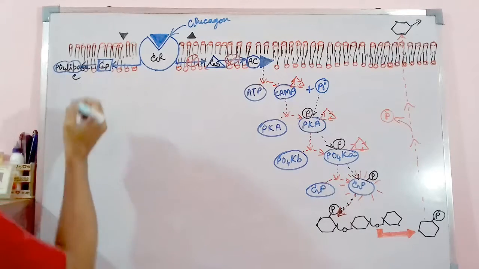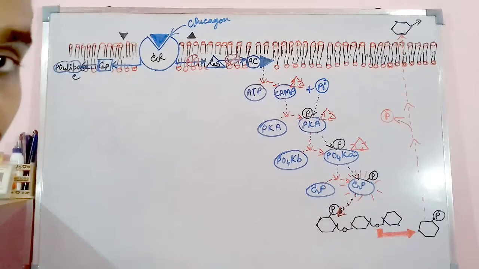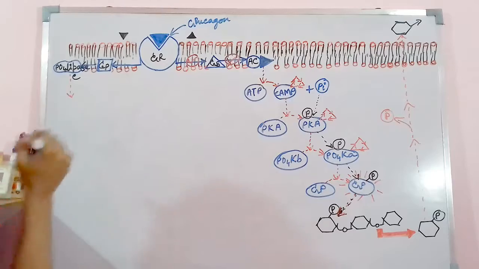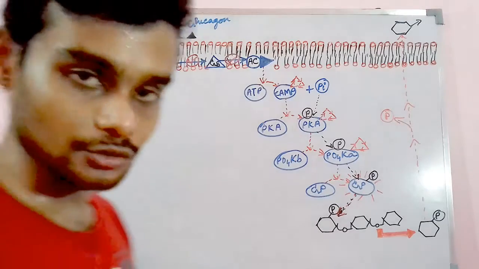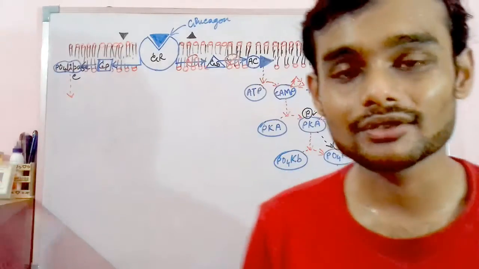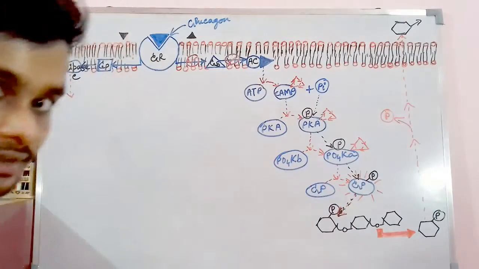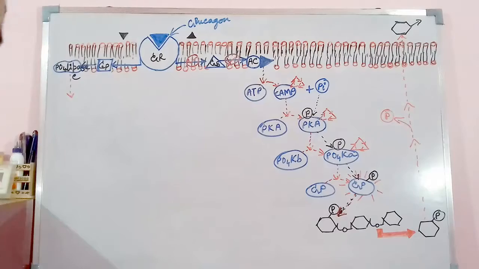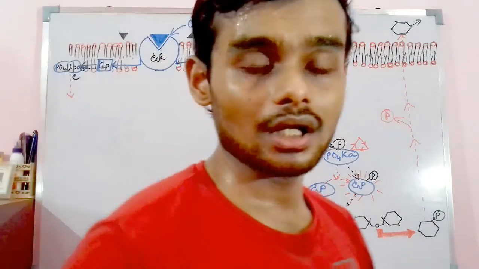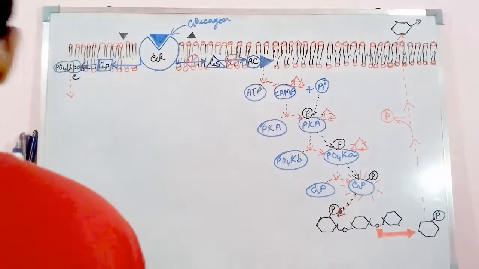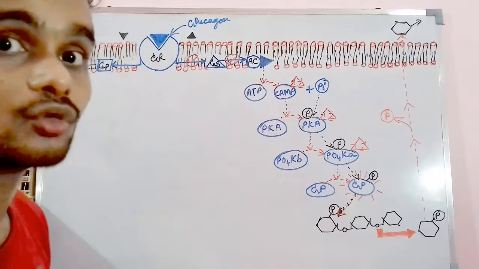Phospholipase C. Now this phospholipase C enzyme would help in the breakdown of another substrate molecule, a phospholipid that is present within the plasma membrane. The name of that molecule is phosphatidyl inositol 4,5-bisphosphate. Okay, phosphatidyl inositol 4,5-bisphosphate.